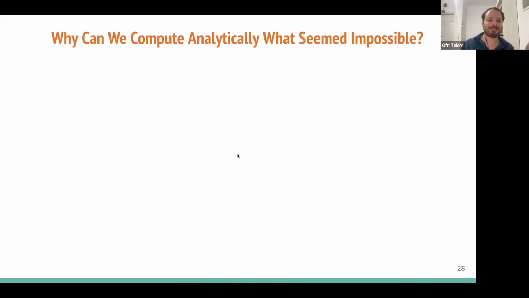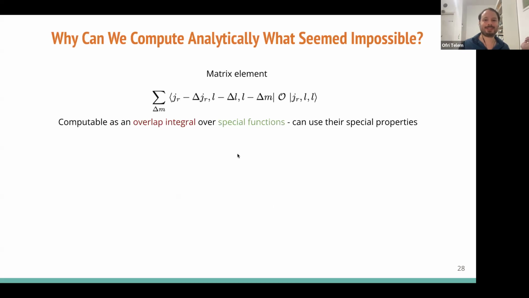Why can we do things that we couldn't otherwise? The idea is that the matrix element is an overlap integral over special functions. For example, in the hydrogen atom, these are Laguerre polynomials or confluent hypergeometric functions. When you do the overlap integral of two of these functions, you can use the magic of special functions. You can use the special formulas for how to integrate two hypergeometric functions together, and that has a well-defined answer if you just find the right special function book.